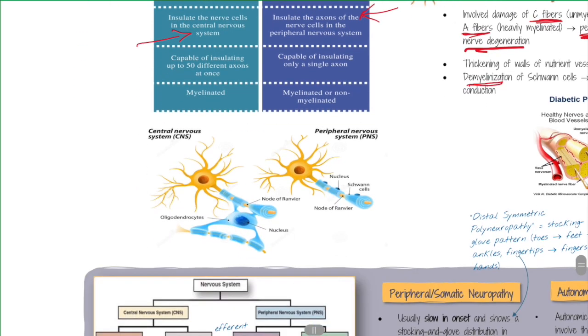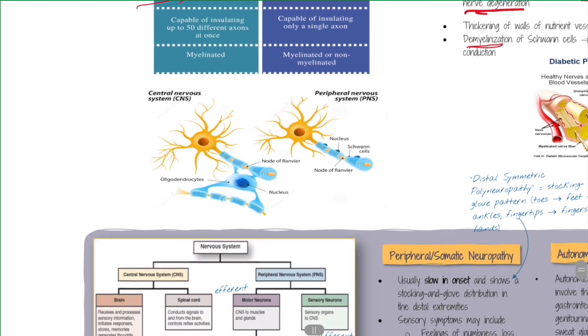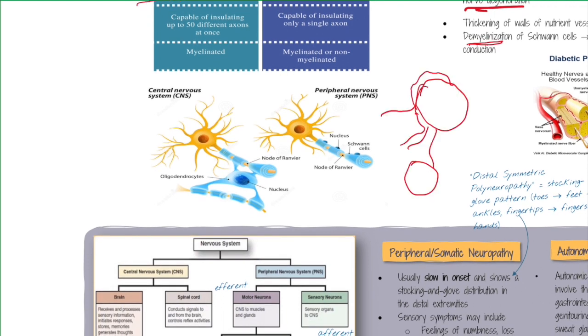If you look here, there's a little breakdown, a little picture for you. These are the star-shaped ones, but they're essentially doing the same thing. It's wrapped around the axon, causing it to speed up. It's just shaped differently, and it's wrapped around more than one axon. Whereas with the Schwann cells in the peripheral nervous system, you've got them all wrapped around the same axon.